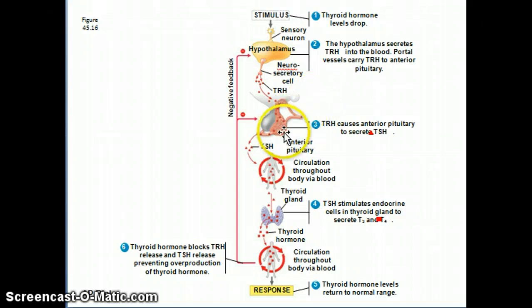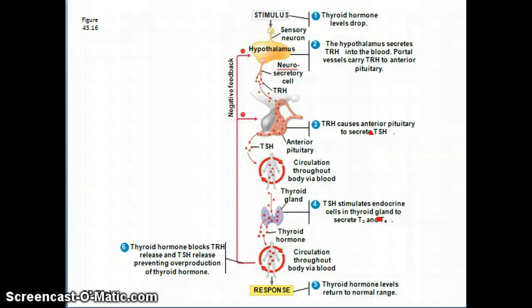Now TSH is a thyroid stimulating hormone, so its target is going to be the thyroid gland, as we see here. As a hormone, again, it's going to circulate throughout the body via the circulatory system. And when it reaches the thyroid gland and the cells within it, TSH will stimulate these endocrine cells to secrete thyroid hormones.